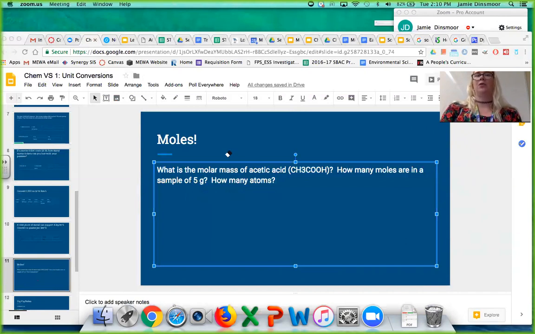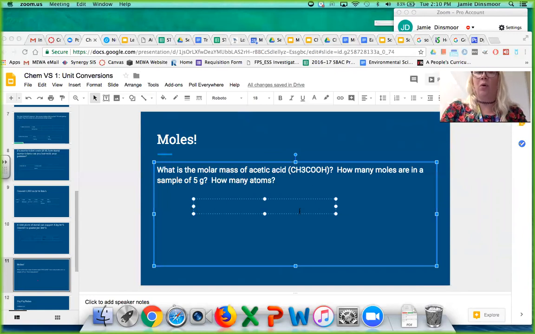Okay, so now that we know that, we're going to figure out how many moles are in a 5-gram sample of acetic acid. Now, I didn't tell you about units. What units does a molar mass have? Well, what was our molar mass for acetic acid?